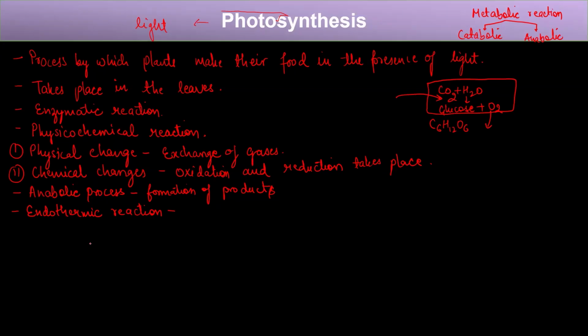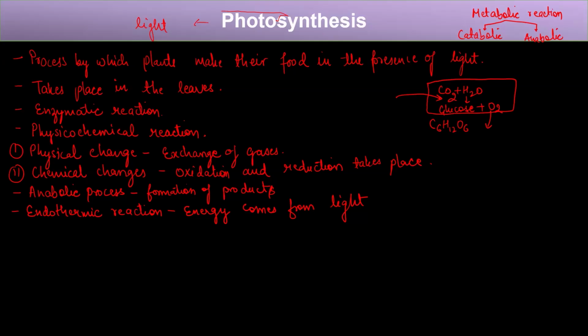The exothermic is one where the energy is released, while the endothermic reaction is the one where energy gets consumed. Okay. Now, from where does this energy come so that it can get consumed to form glucose? So this energy for this endothermic reaction comes from light. Okay. And hence it is known as photosynthesis because light is important for this reaction to take place.